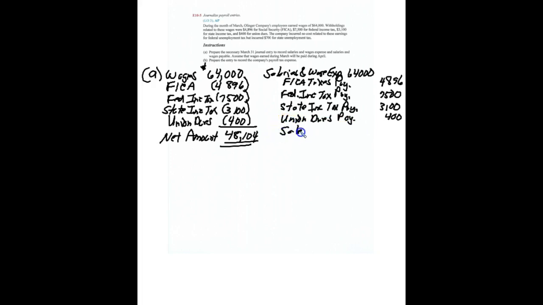So salaries and wages payable. I'm going to have to abbreviate to get that in. That's the $48,104. So we have our debit and then our various credits. $48,104, by the way, if you can't read my writing. And then we'll turn around and eventually all of these payables will be debited and cash will be credited accordingly for each of these amounts as we write checks to each of these.